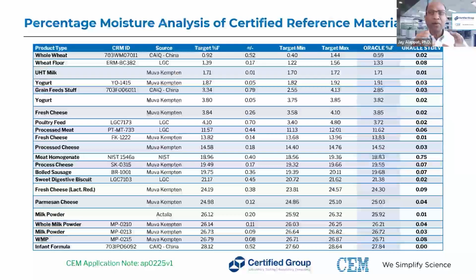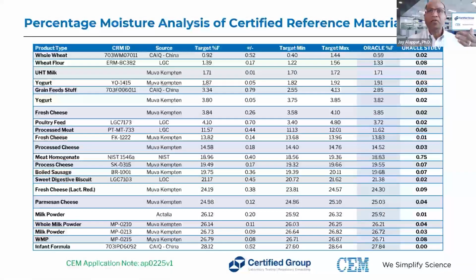But remember, certified reference material provides one of the highest levels of confidence in analytical chemistry because the accepted values have been carefully established. So when we develop a validated method, first is accuracy, precision, robustness, repeatability, reproducibility, etc. Then the next step is comparing with a reference material across a broad spectrum of products, including wheat flour, milk powder, dairy products, processed meats, seafood, infant formula, and pet food.